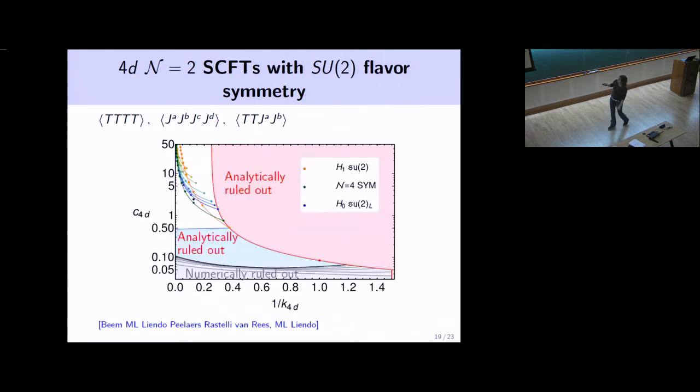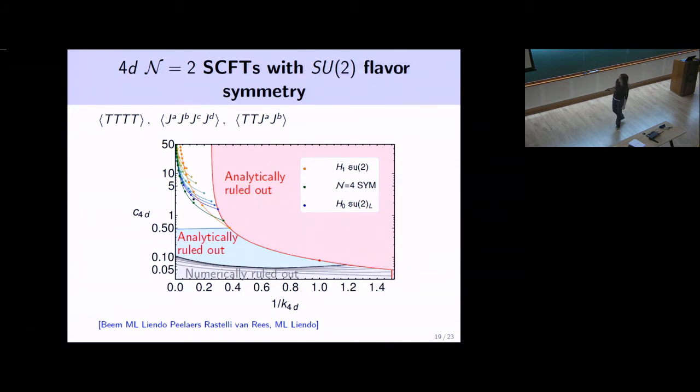So here I'm showing you a slice of the space of N=2 theories with an SU(2) flavor symmetry. And I'm parameterizing this slice by the 4-dimensional central charge, the 2-point function of the 4-dimensional stress tensor, and the flavor central charge, the 2-point function of the current in 4 dimensions. And these little dots here are theories that we knew from before. There's a bunch of them, but they all seem clustered, like in this corner here.